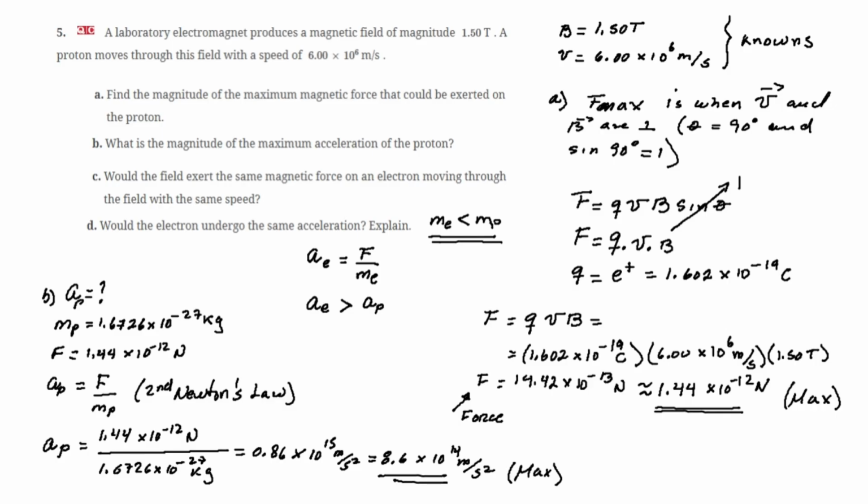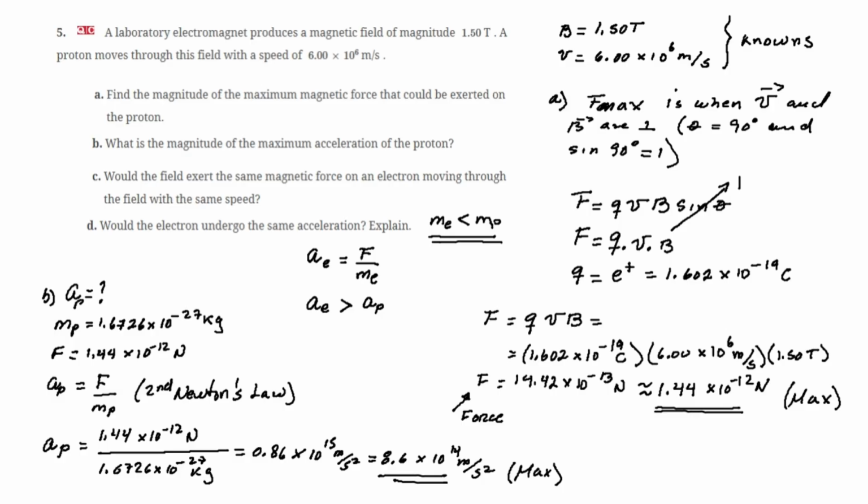So the lower mass that the electron has will make its acceleration higher than the acceleration of the proton. And also in case of the direction, of course, the acceleration of the electron will be in a direction opposite to the direction of the acceleration of the proton, because the electron and the proton are under the action of forces that are acting in opposite directions.